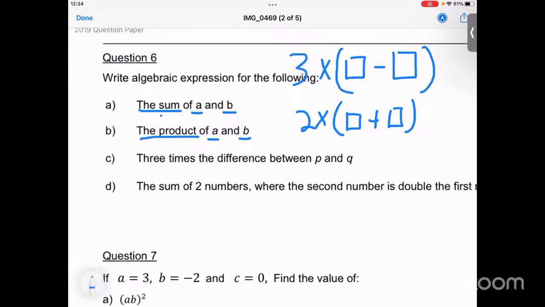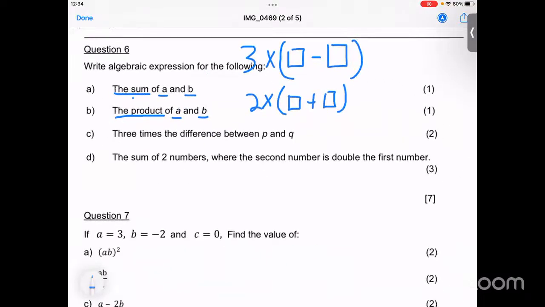So, okay, now let's see. They're talking about the sum of 2 numbers. So 2 numbers are being summed, where the second number is double the first number. So it is this one, but this one has to be double of that.